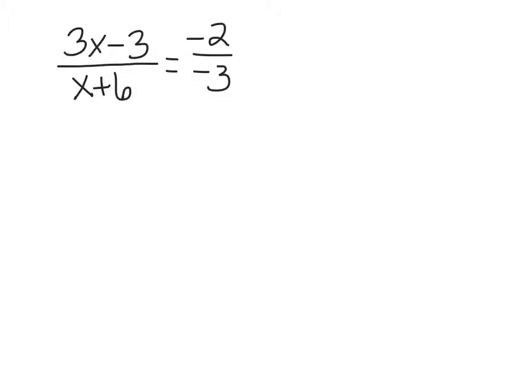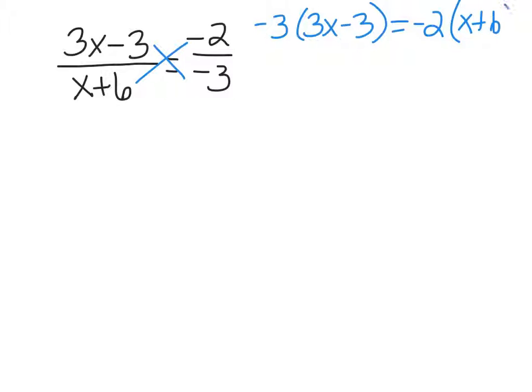Again, we have a proportion, two fractions that are equal to each other, so we can solve it by doing the cross products. So I'm going to multiply negative 3 times, and I'm going to put this expression in parentheses, 3x minus 3, equals negative 2 times, and now I'm going to put x plus 6 in parentheses. Whenever you have those expressions, you do have to put them in parentheses.